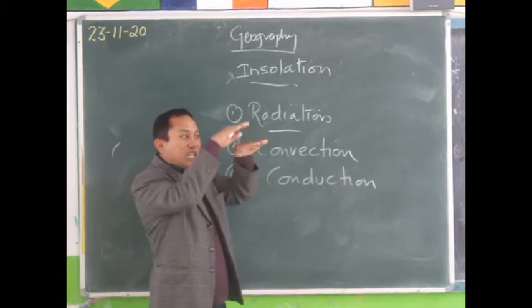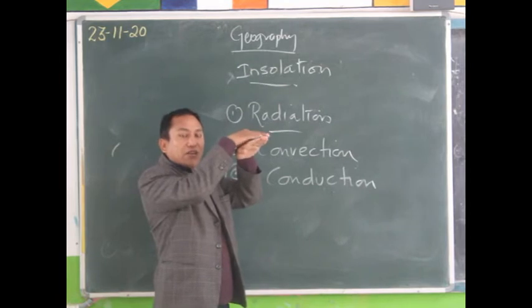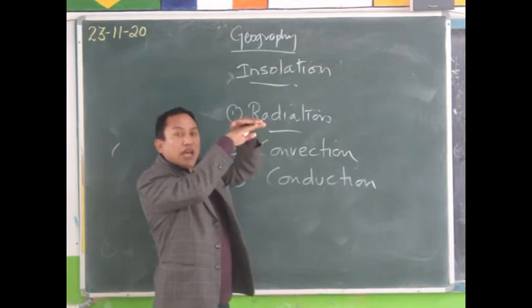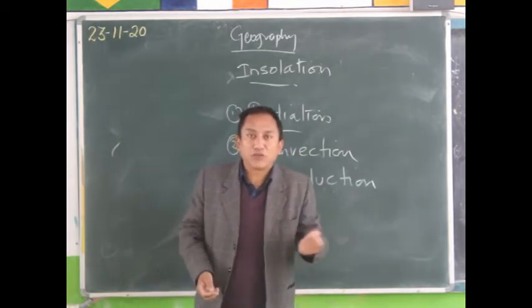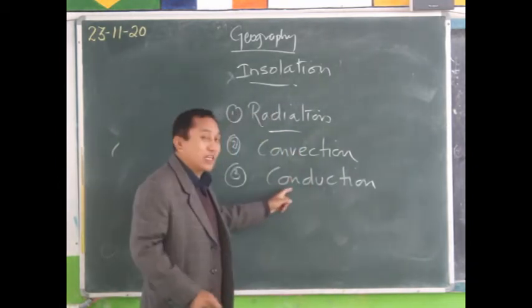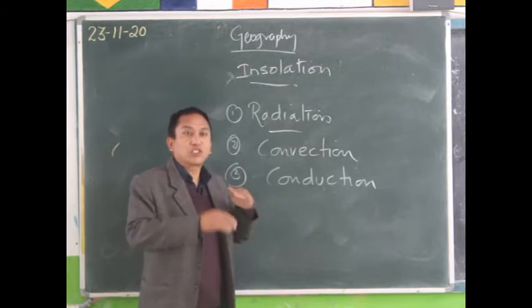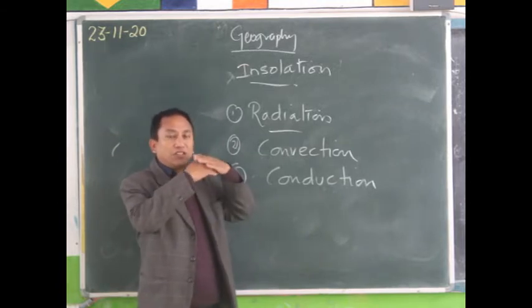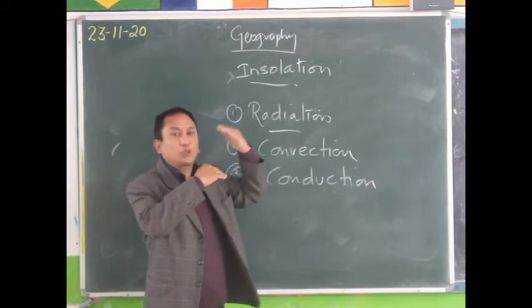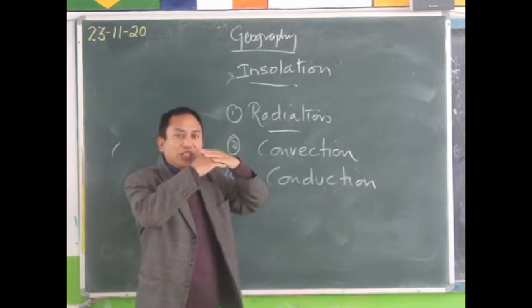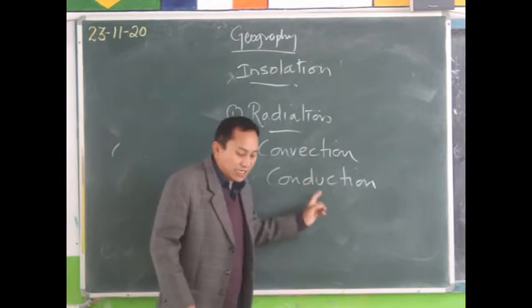This upper layer's heat is transferred to the higher layer, and this layer's heat is transferred to the higher layer above that. So this way the atmosphere of the earth is heated up and the temperature of the earth increases. That is the process called conduction, through the contact of the layers of the air with one another, whereby the heat is transferred from one layer to the other because they are in touch with each other.